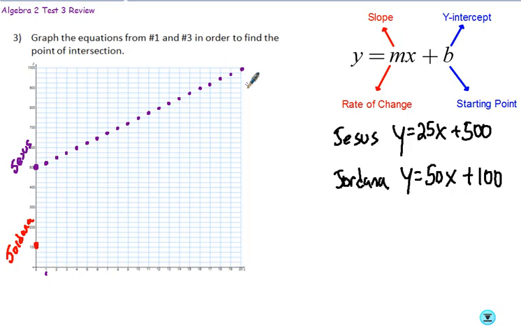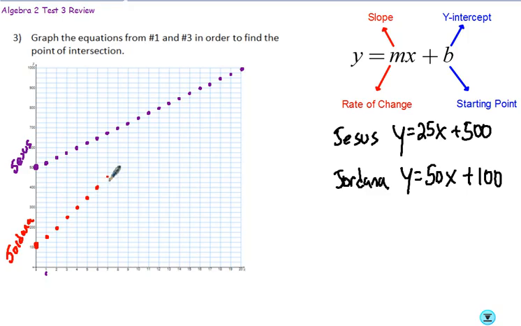So Jordana starts with 100. But she's saving 50. So instead of it just being up 1, because that's just 25, it's going to be up 2, right? Because that would be 125, 150, 175, 200. So we're going up 2 and then over 1. Up 2 over 1. Up 2 over 1.